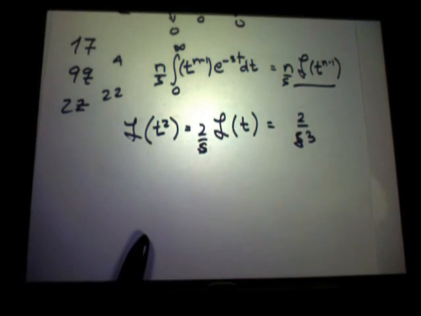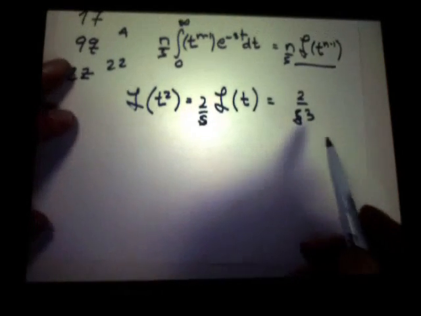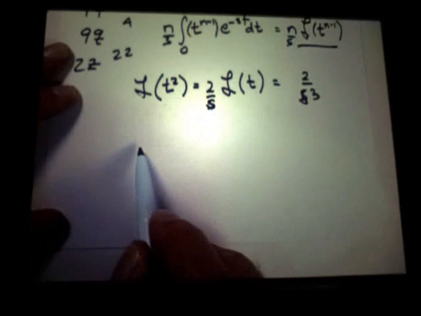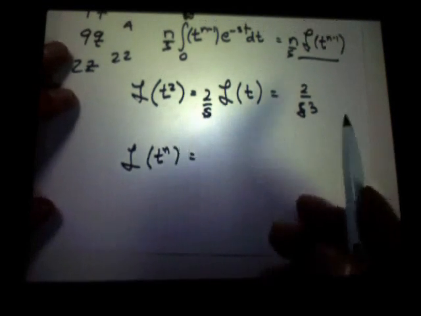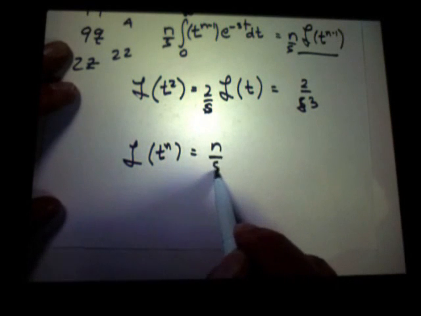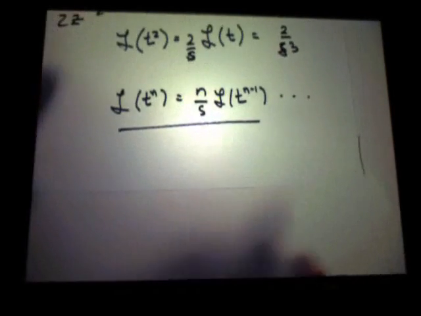Okay. So we have a recursion formula. We think that the transform of t to the n is n over s times the Laplace transform of t to the n minus 1. We can track that all the way back down. And what do we get?